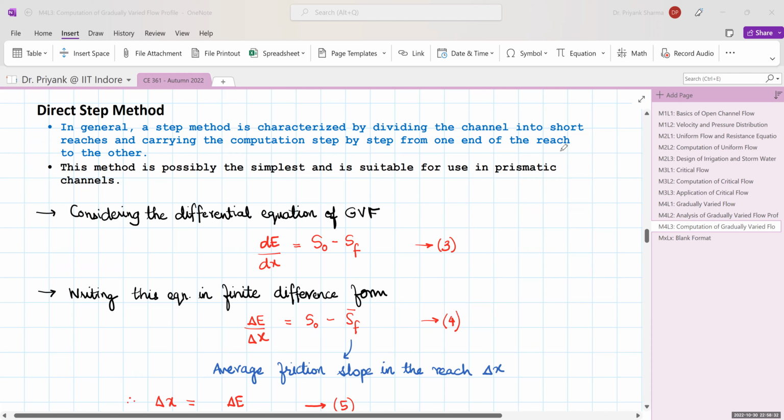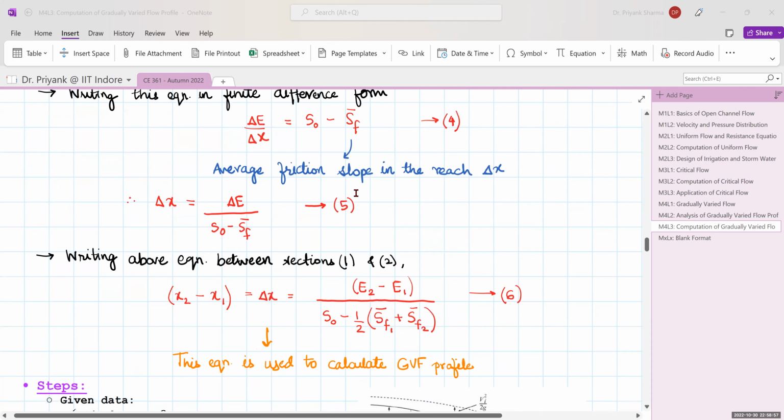So let us consider the differential equation of GVF. We have dE by dx is equal to S naught minus SF. We write this in finite difference form, so it becomes delta E by delta X equals S naught minus SF bar, where SF bar is the average friction slope in a given reach delta X. Rewriting this equation, delta X is equal to delta E upon S naught minus SF bar.